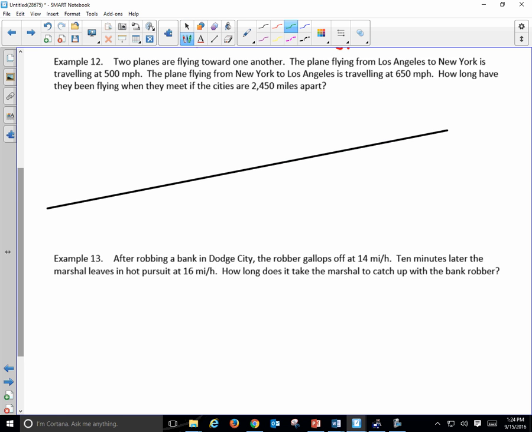So they're flying toward one another. The plane flying from LA to New York is traveling at 500 miles an hour. The plane flying from New York to LA is traveling at 650 miles per hour.